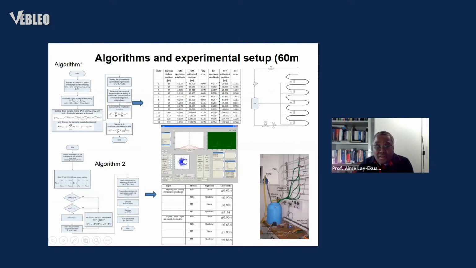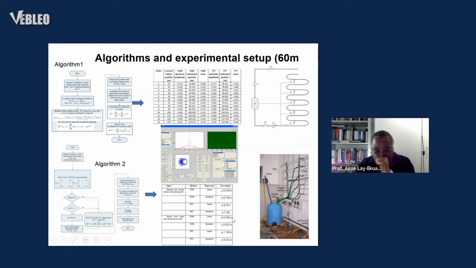This is a small part of the pipeline in the lab. You can see here that we have a difference between, for instance, FFT here, the uncertainty on a pipe of 70 meters. We have an uncertainty with a linear regression of more or less 8 meters, while with the FDM, we have less than 1 meter.